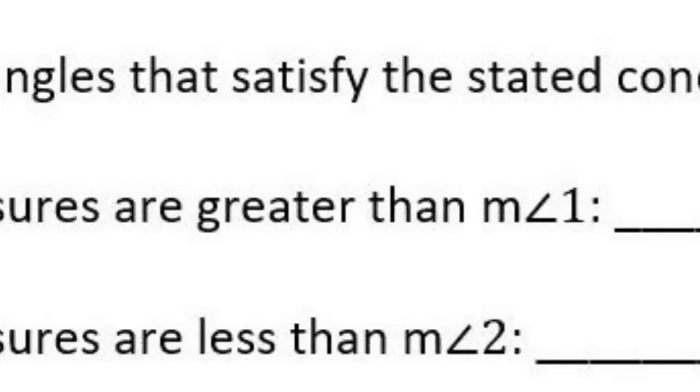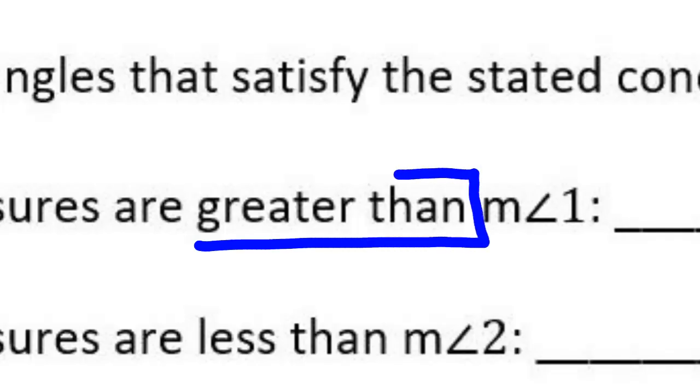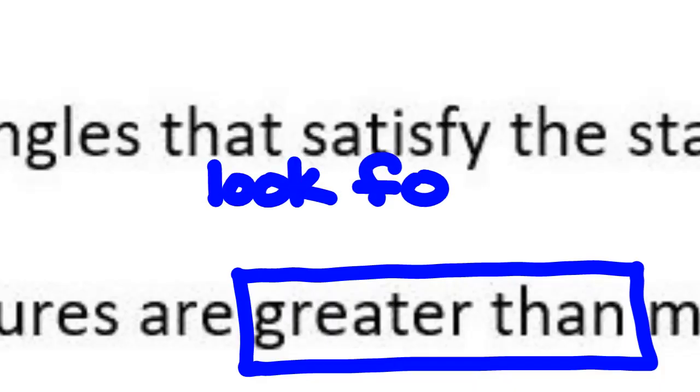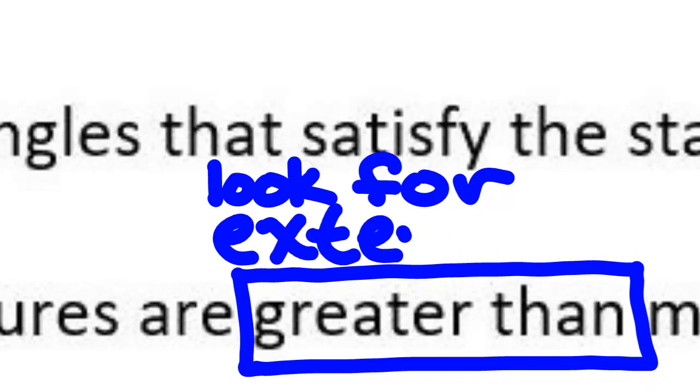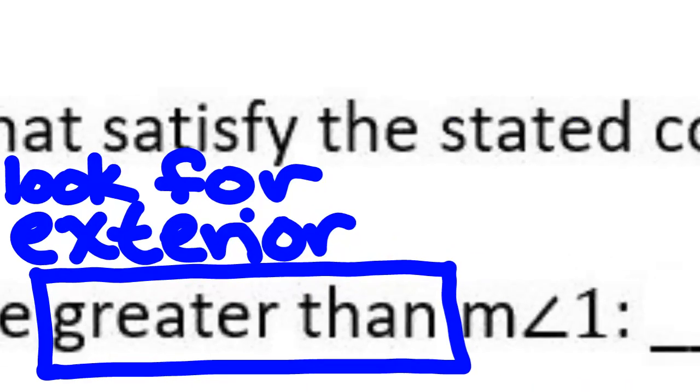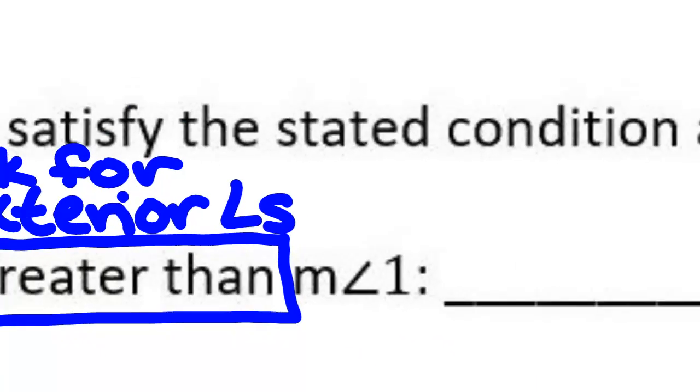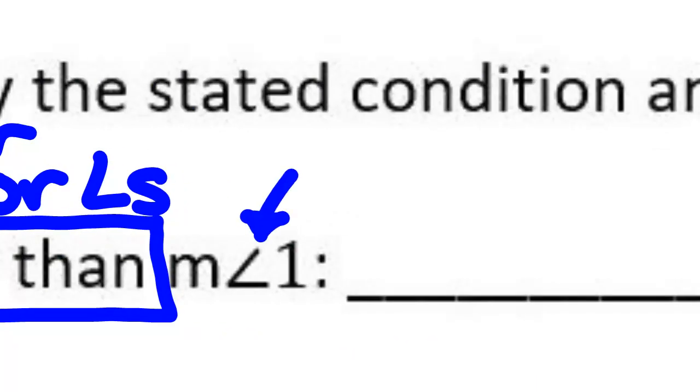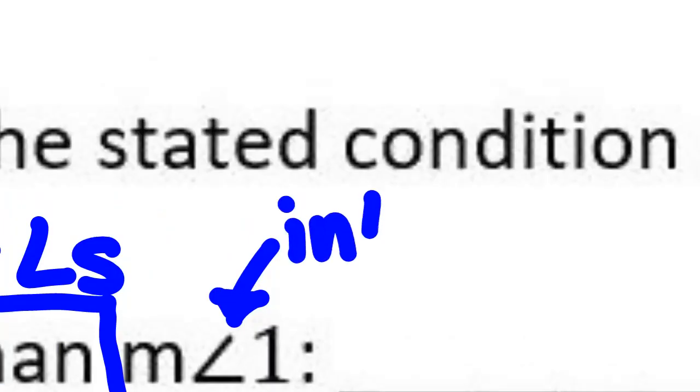Measures are greater than the measure of angle 1. If it says greater than, then I'm going to look for exterior angles. Which means this angle here that they've given me has to be an interior angle.